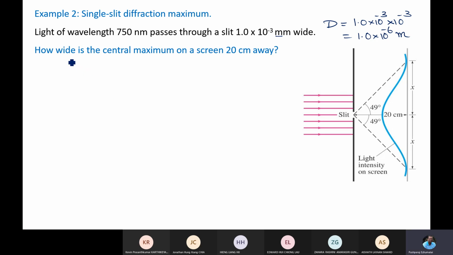And how wide is the central maxima? We need to find out. Milli means 10 power minus 3.